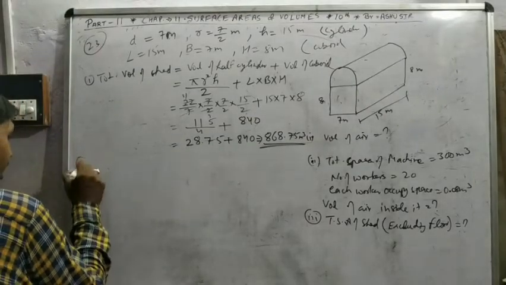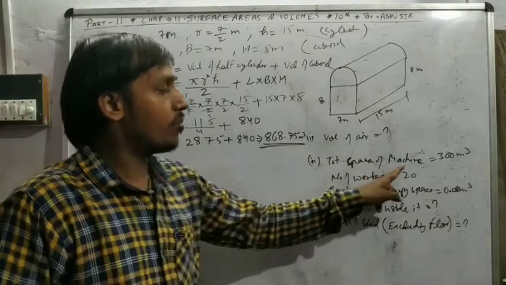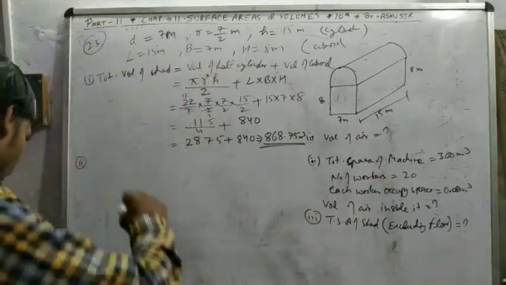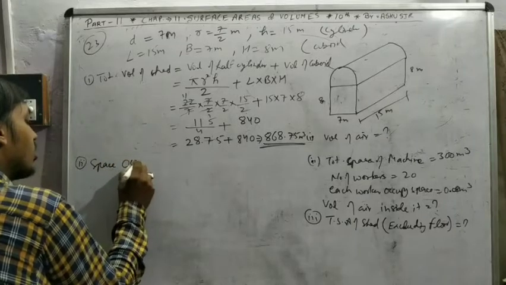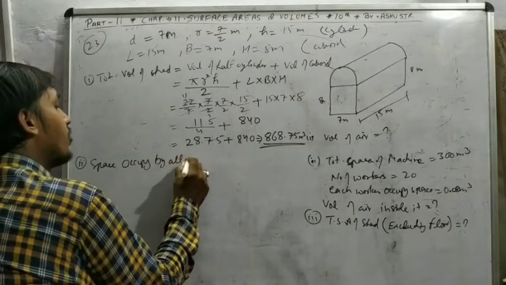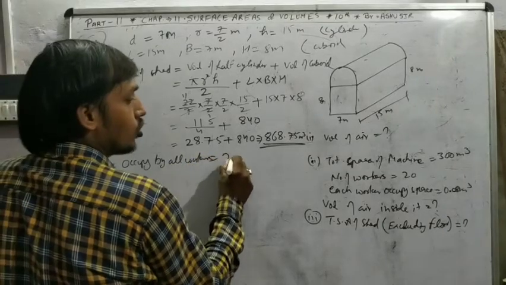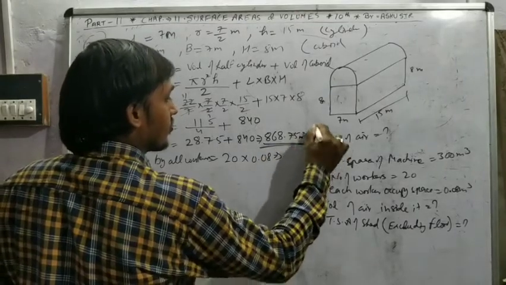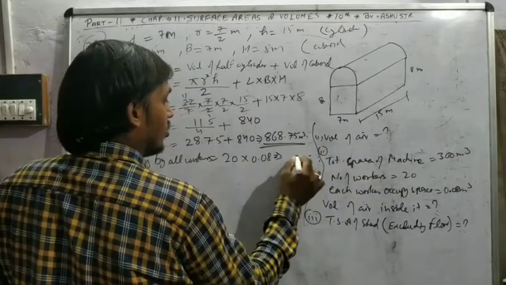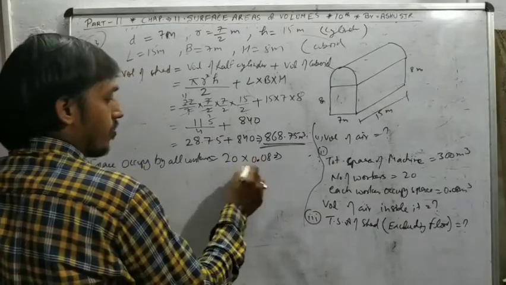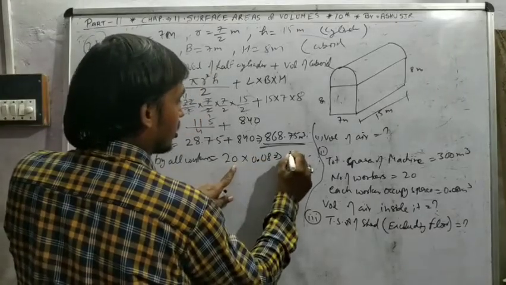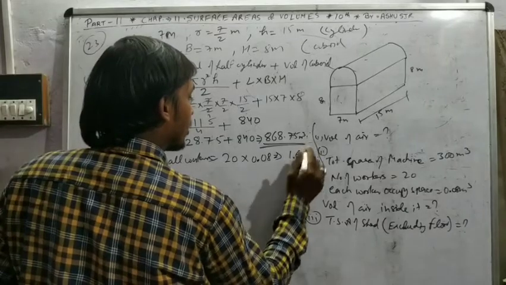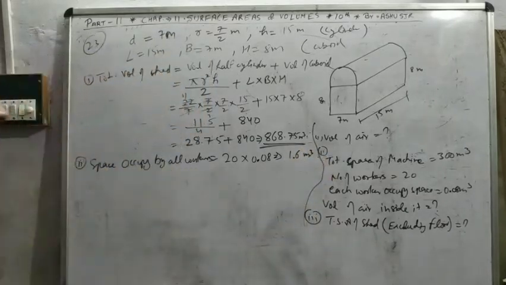For part second, total space of machinery part is 300 meter cube, and total space occupied by 20 workers is equal to 20 into 0.08, which is 1.6 meter cube space occupied by 20 workers.